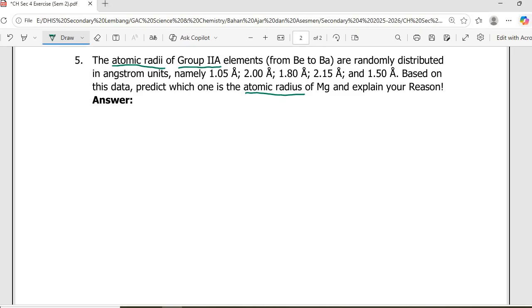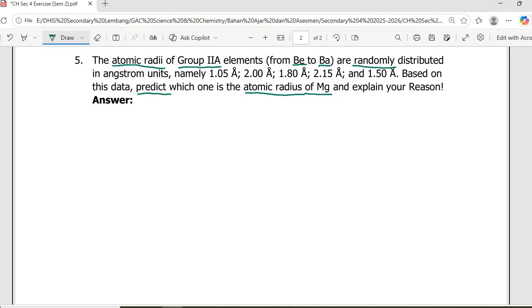The group 2A elements, starting from beryllium until barium, are randomly distributed in angstrom units. This is the data you can see. Based on this data, predict the atomic radius of Mg, or magnesium, and explain your reason. So we have a mission: to predict the atomic radius of magnesium based on this data.